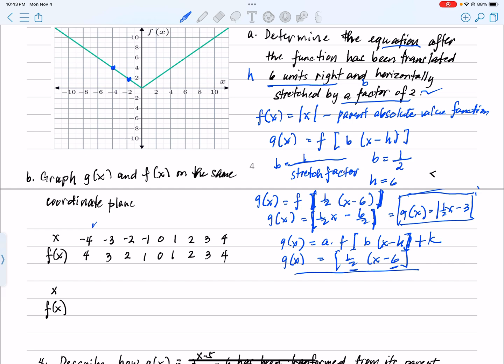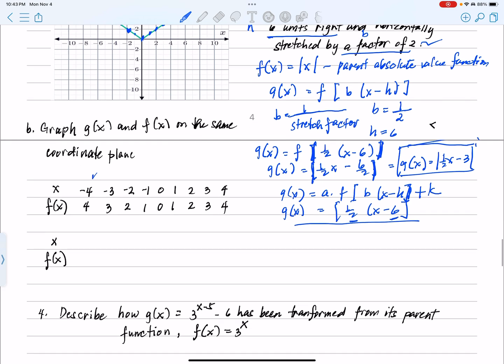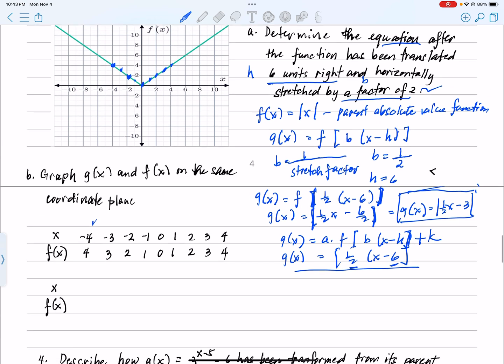And then 0 for 0, then 1 for 1, 2, then 3, and then 4. We're just choosing these points from the table. So let's assume that these are the points that I found, and making it a table.